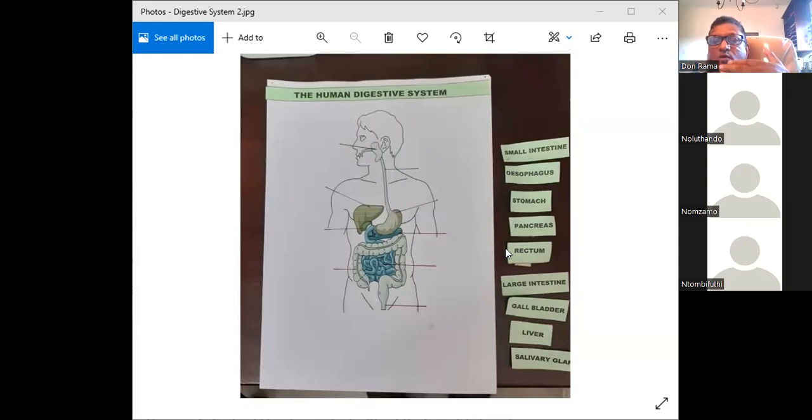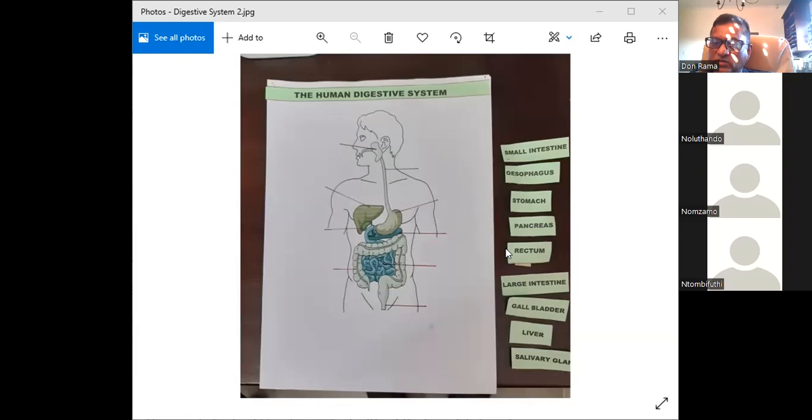You will say, I will first put up the interactive chart without any labels on the chartboard. Whilst I am teaching the human digestive system, I will take one organ at a time and label it for the learners, and I will discuss the function of that organ as well.